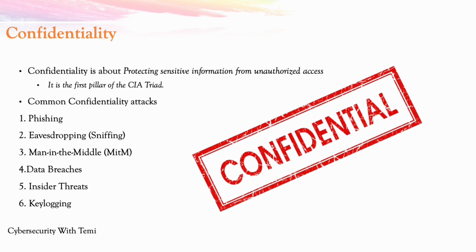So it could be an employee that is angry because they got demoted or they got sacked, that decided to leak sensitive information. And these are threats to confidentiality. Also, keylogging is a method used by attackers to record the keys you press on your keyboard. So they install a software or hardware that captures everything you type, including your password and personal information.